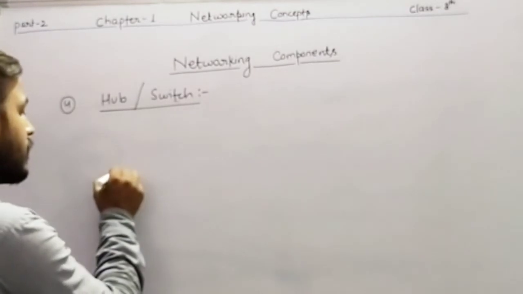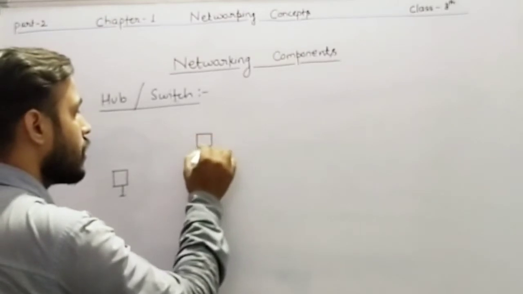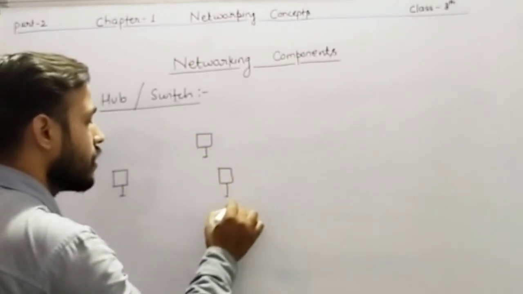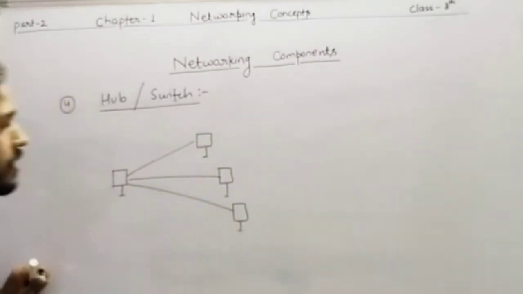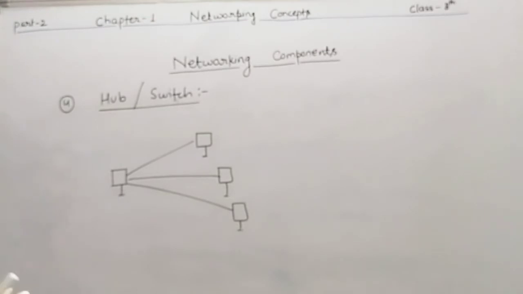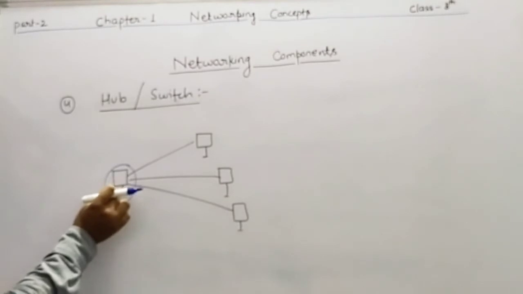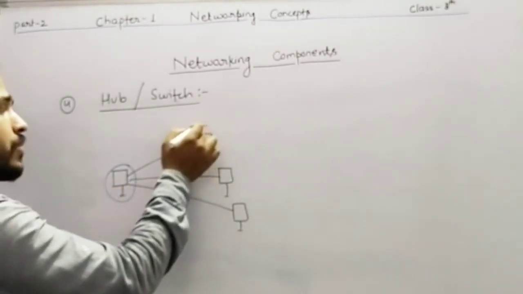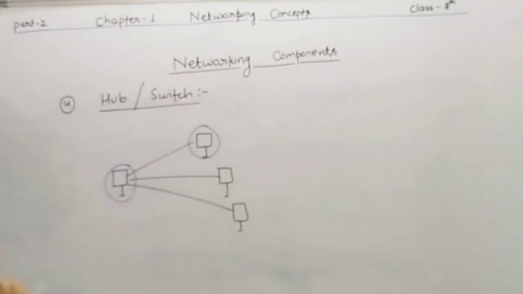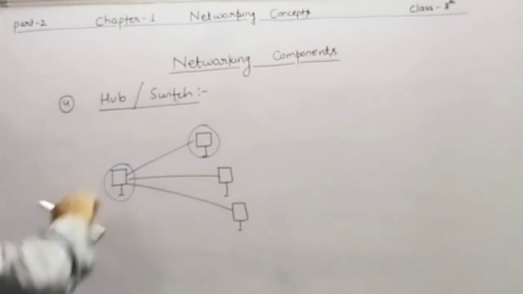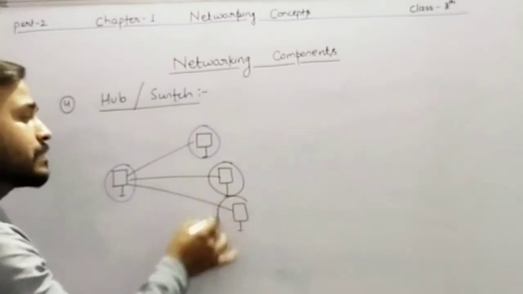Like all these computers are connected to each other, and this port wants to send data to this port. So while sending the data, that data is received at this port also and this port also.